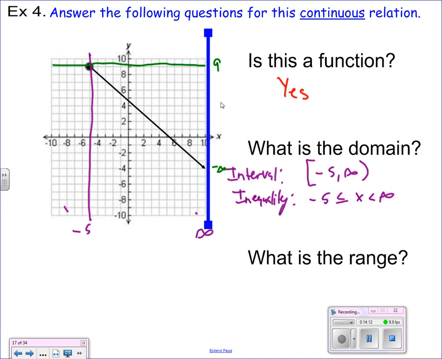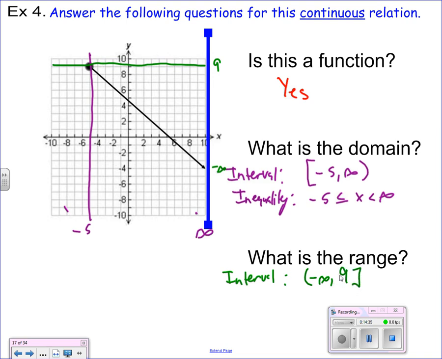So write 9. So if I'm writing interval notation, I would say parenthesis, because again, you start from the bottom, so negative infinity, comma, 9, square bracket, because that's a definite stopping point.